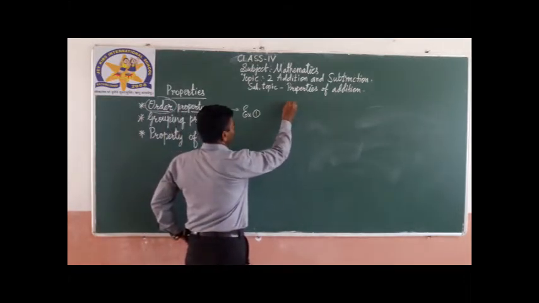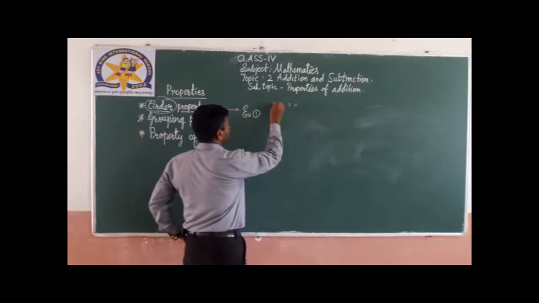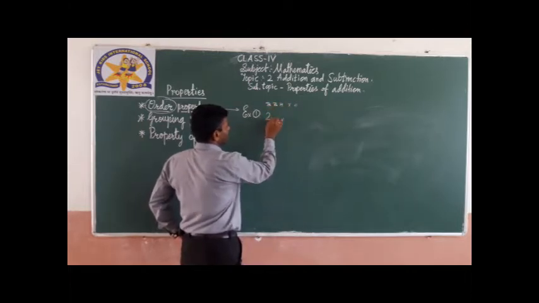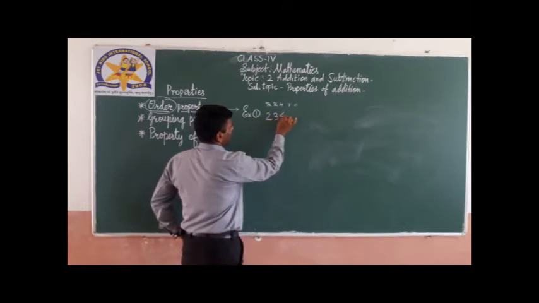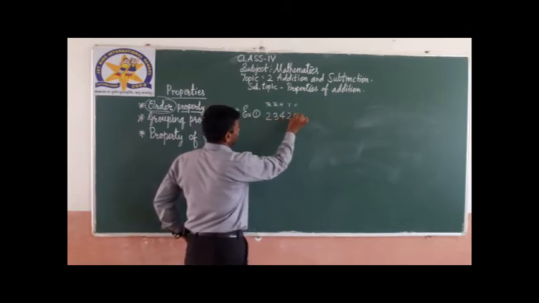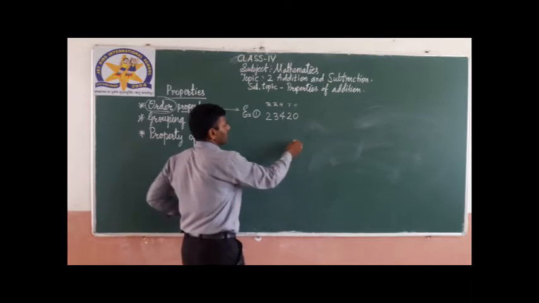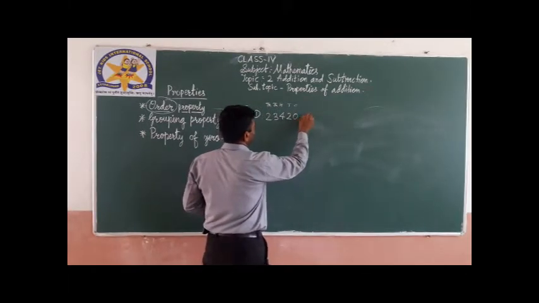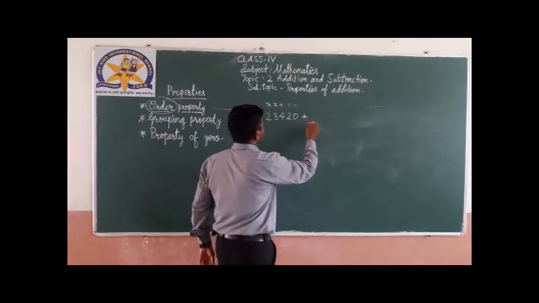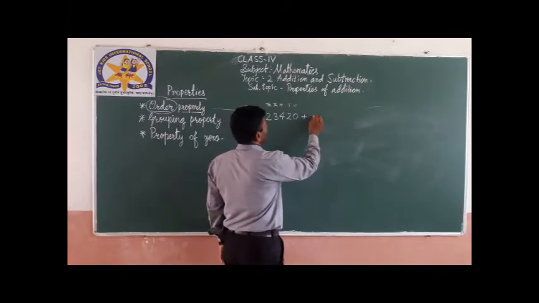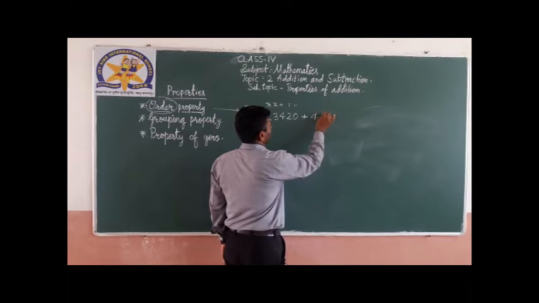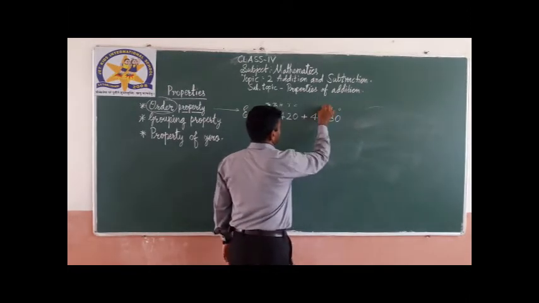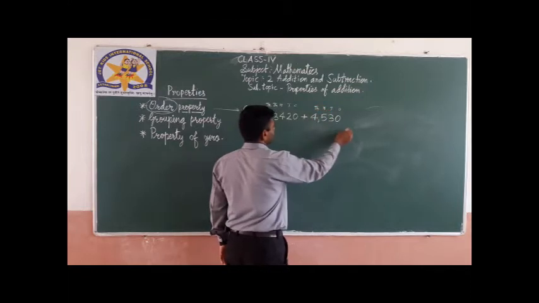Ones place, tens place, 100 place, 1000 place, 10,000 place. Suppose 23,420 plus 4,530.